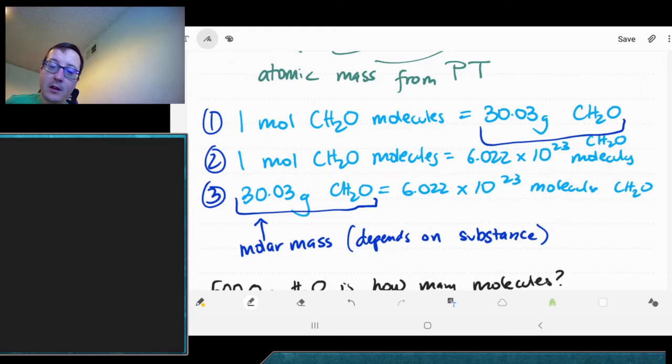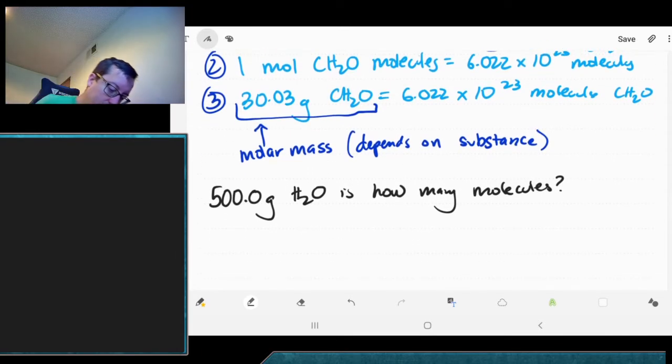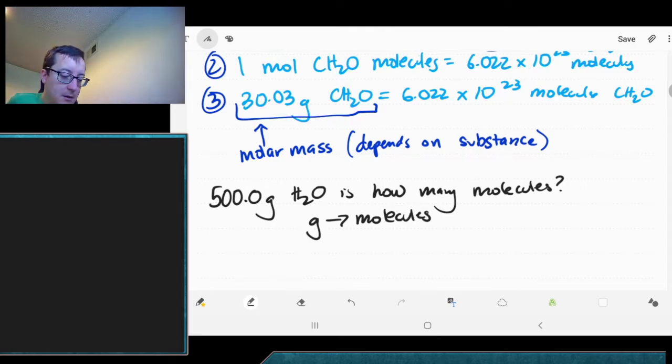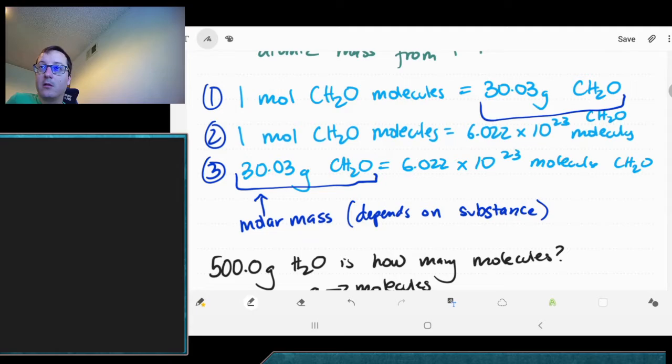So, if we're looking to go from grams to molecules, that's just one conversion. We see here, at least the ones for formaldehyde, that one of these conversion factors will get us directly from grams to molecules. And so that's going to be the third conversion factor, right?